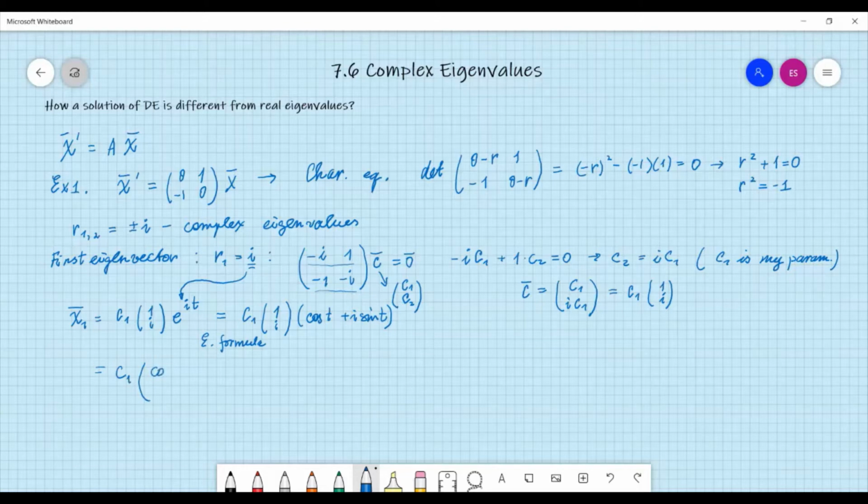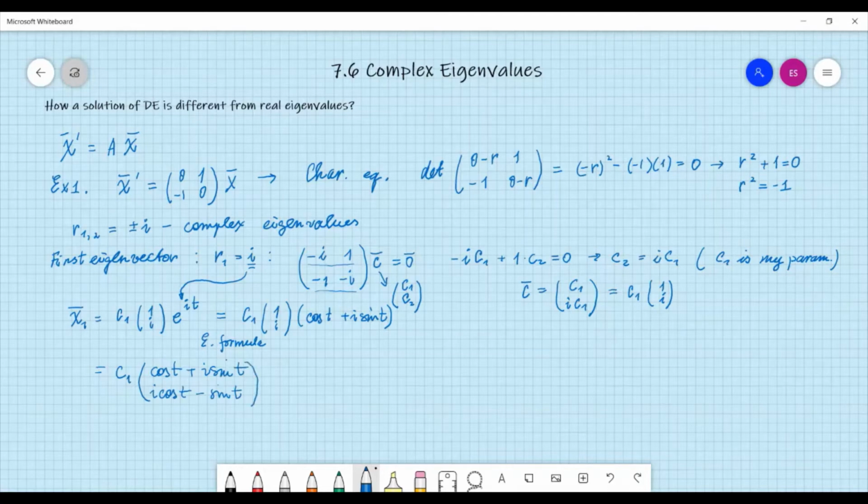I'm going to have cosine of t plus i sine of t. And if I multiply cosine by i, I'm going to get i cosine of t, and i by i is minus sine of t. Why is it minus? Because i by i is -1, right? And I'm going to use this property.